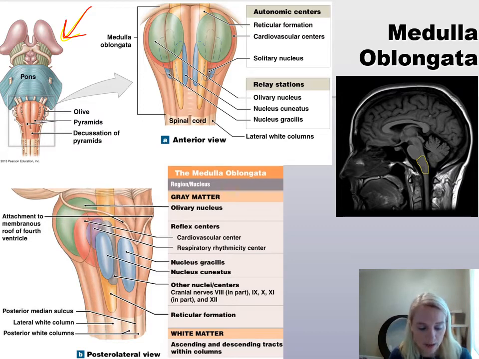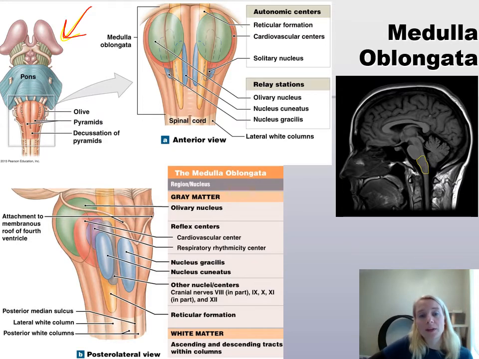So when we take a look at the medulla, we are going to break it up into its white matter and gray matter, and then there's some terms that go with that. We've already talked about tracts back in the spinal cord. Tracts are basically like nerves, but in the brain and spinal cord, in the CNS. Bundles of axons we call nerves in the periphery, like your sciatic nerve, your brachial nerve, your ulnar nerve.